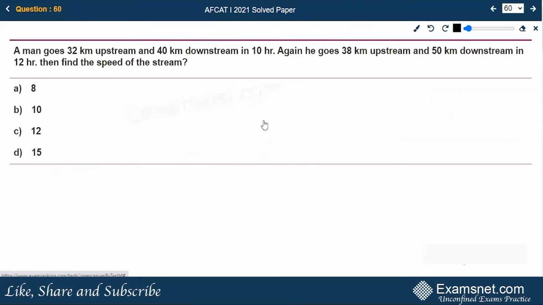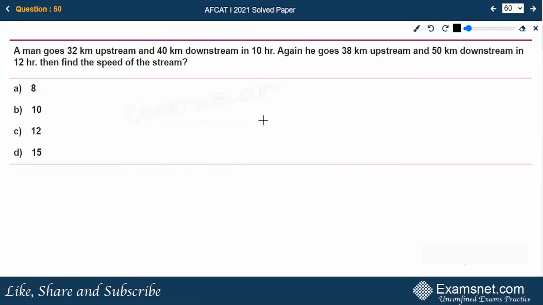Next, question number 60. A man goes 32 kilometers upstream and 40 kilometers downstream in 10 hours. Again, he goes 38 kilometers upstream and 50 kilometers downstream in 12 hours. Then you have to find out the speed of the stream.